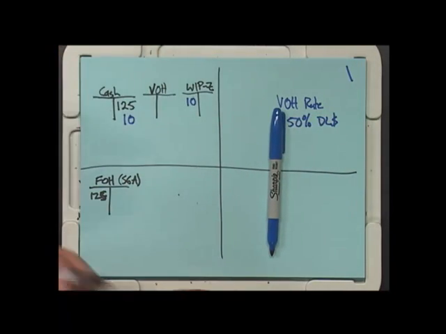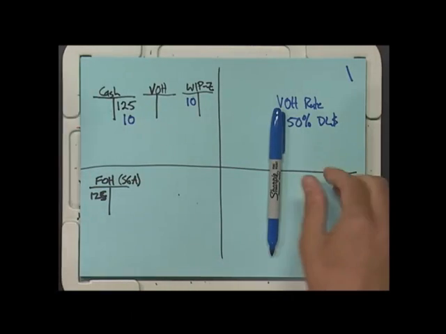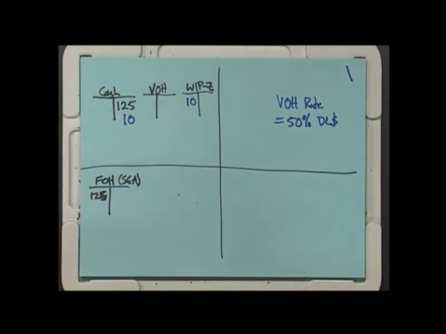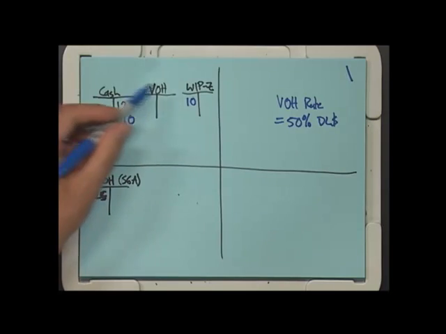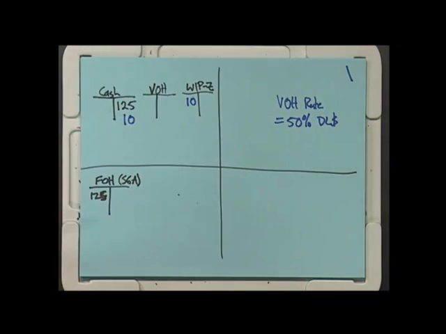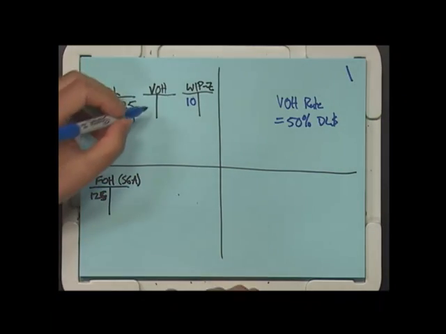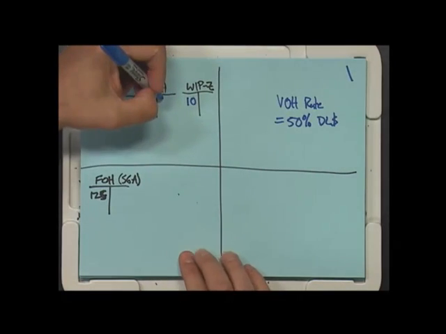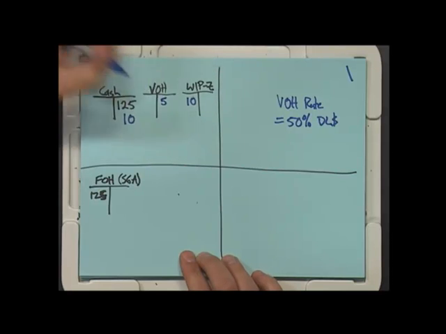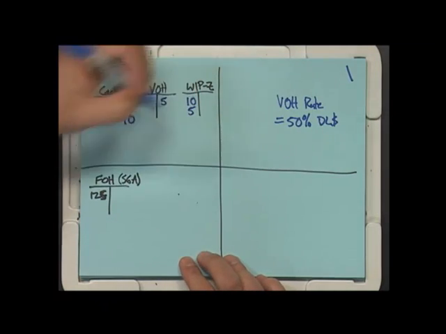There ought to be a V there because we are only treating the variable component of overhead as a product cost. That's the only part that's going to pass through the overhead account and into work in process. How much is that going to be? Well, we have a 50% rate, and so that's going to be only $5,000.